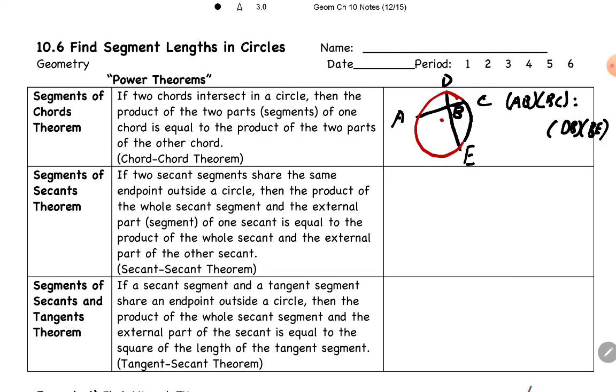So you take a chord, cut it into its pieces, multiply them together. That's going to be equal to the pieces of the other chord multiplied together.